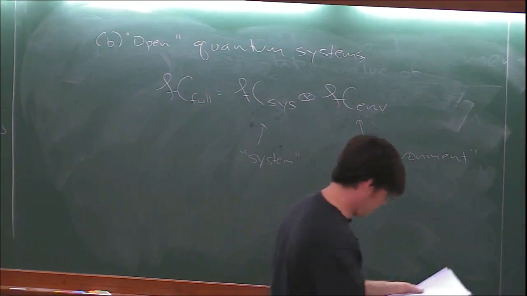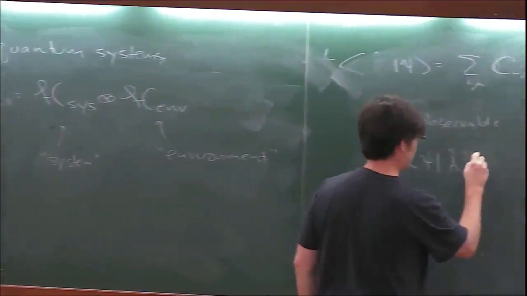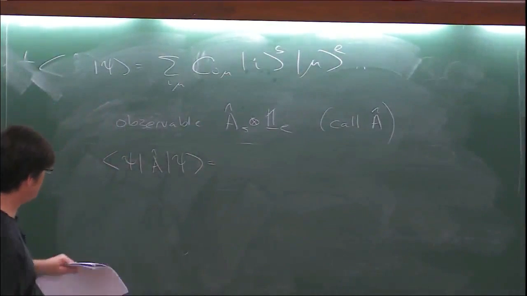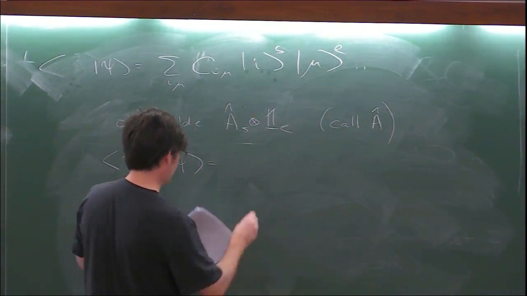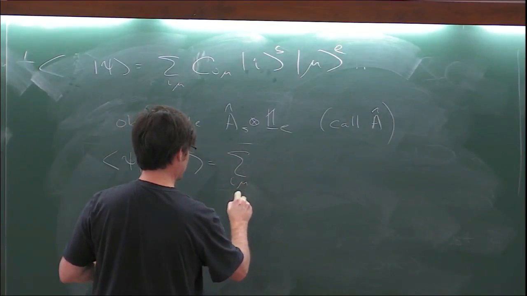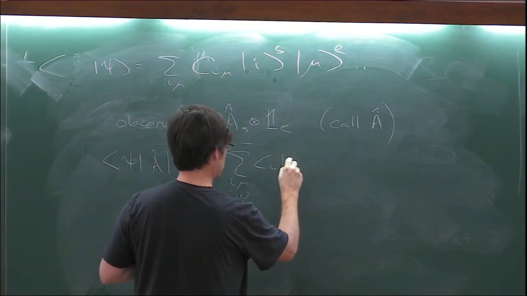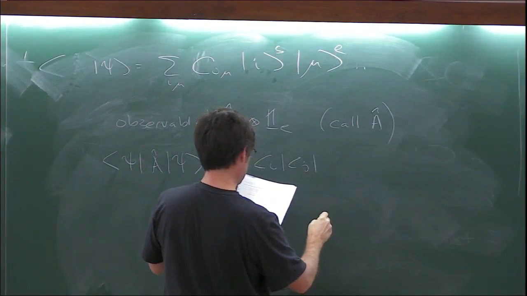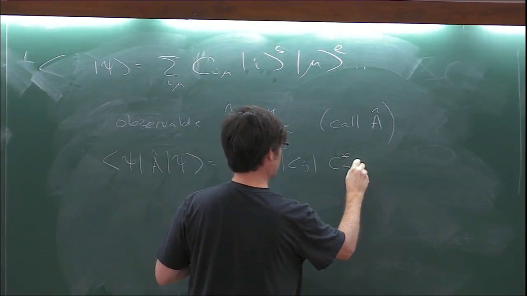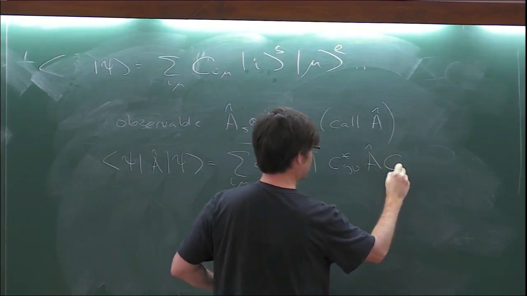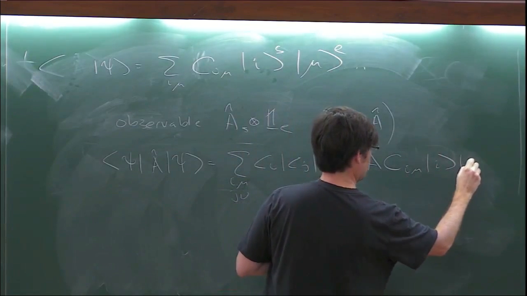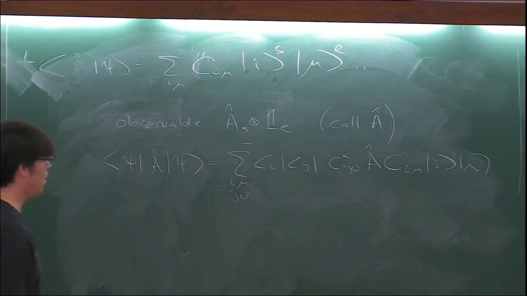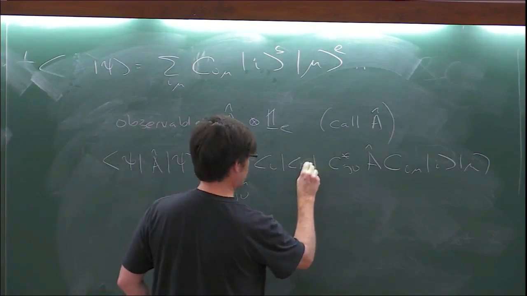And if I now try to take the expectation value of the measurement of an operator, if I prepare this state a whole bunch of times, then I'll find that this is just the sum over i mu and j nu of C star j nu A hat C i mu, times the inner products of mu and nu.